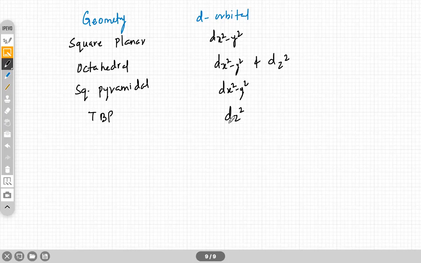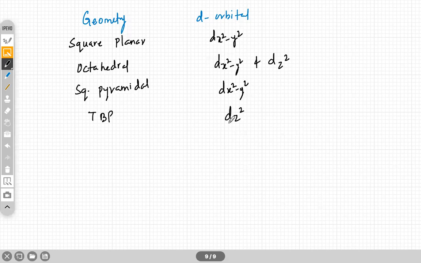Sir, can we say that the pz orbital is left out in the 4p orbitals? No, we cannot say whether it is pz or px or py.